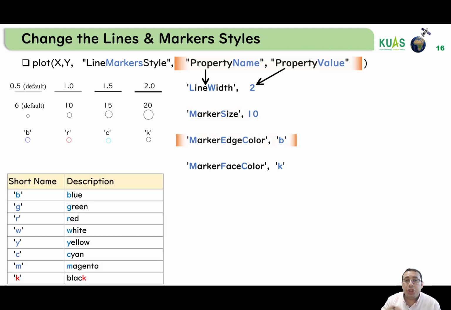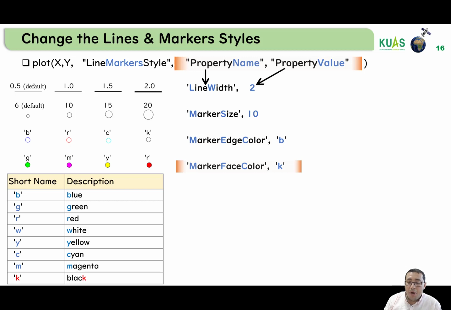For the marker edge color, it means that the marker has an outline, so we need to change the color of the outline. For example, we can select blue, red, cyan, and black. We use the same letters we explained before for the line color: blue is B, green is G, red is R, etc. It is the same combination of colors.